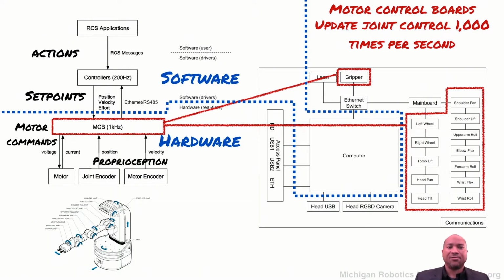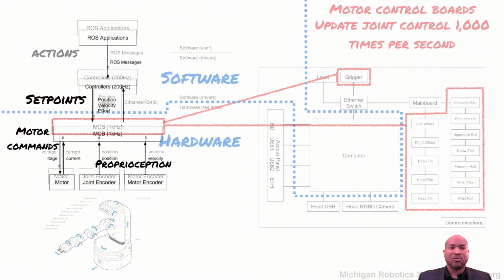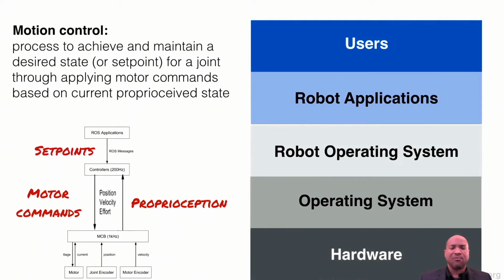Then those desired states are given to the motor control board, and that motor control board is essentially trying to send motor commands that will allow the joints to achieve that desired set point state, given that it knows the proprioception from the robot. It knows the current state of every joint. And so this loop that the motor control board is doing is a lot of what we're trying to have our robot do for motion control.